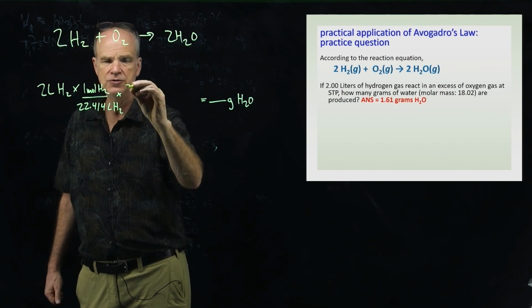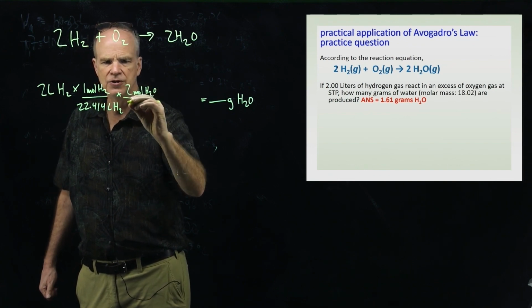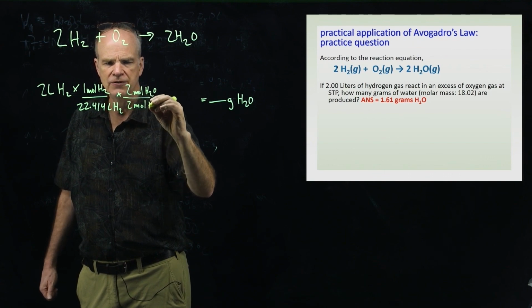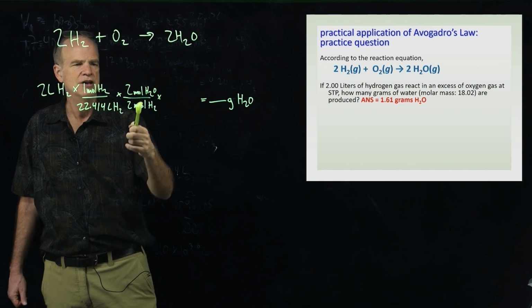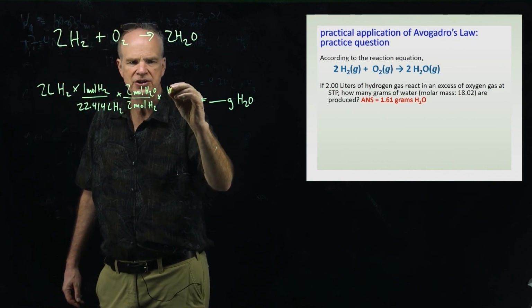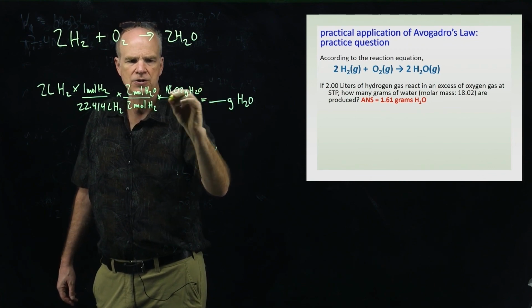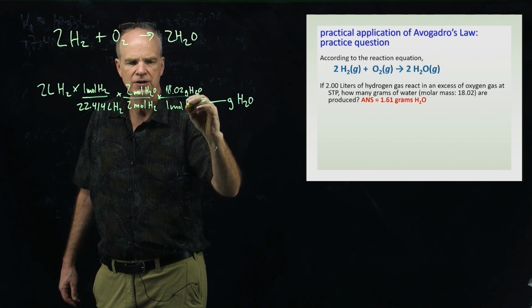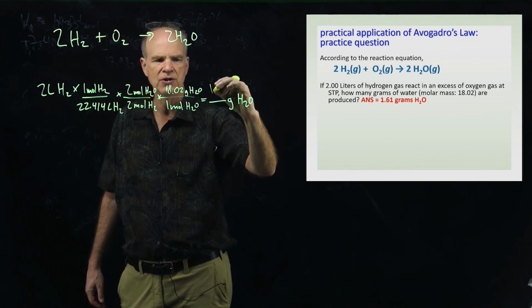So it's going to be 2 mole of water over 2 mole of hydrogen. The final step is to convert from moles water to grams water using the molar mass, so times 18.02 grams of water over 1 mole of water. If you worked this out, you would get the answer 1.61 grams.